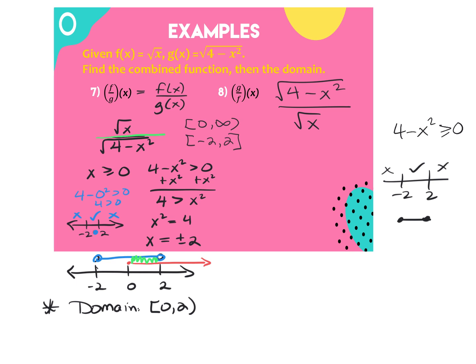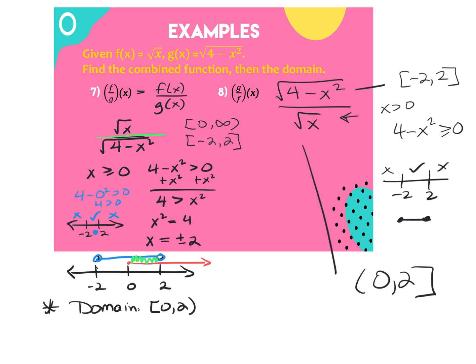So my domain of the numerator is going to be brackets -2 to +2. But then my domain of my denominator is going to be x is greater than 0. So when I write my combined domain here, it's going to be from 0 to 2 with a bracket.